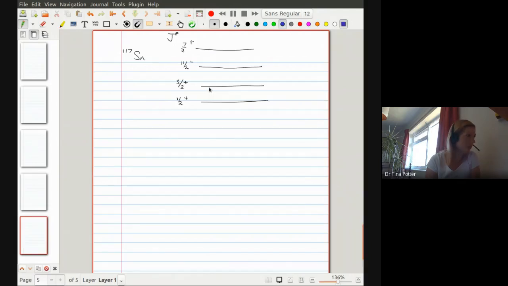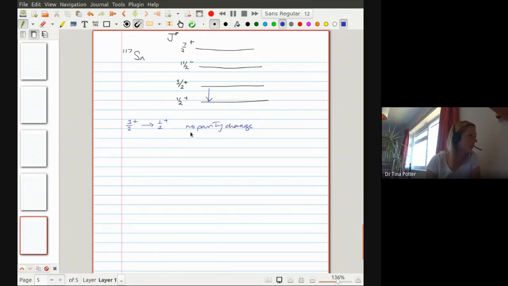I'm going to have a look at the 3 over 2, even parity, going down to the half plus here. So I'll try and use different colors for this to make it easy. So we've got 3 over 2, even parity going to a half plus. So there's no parity change, and that's nice.